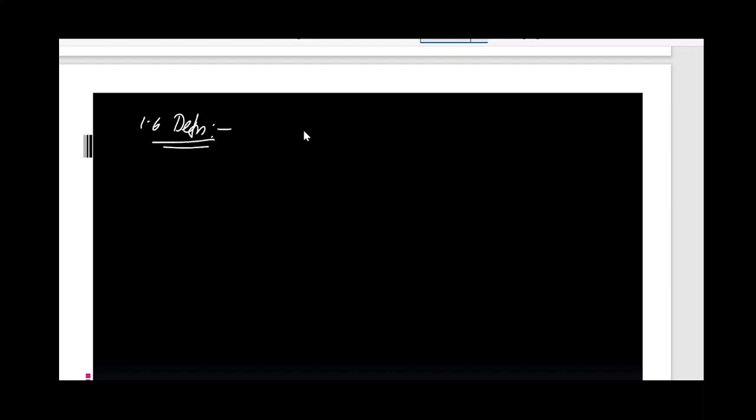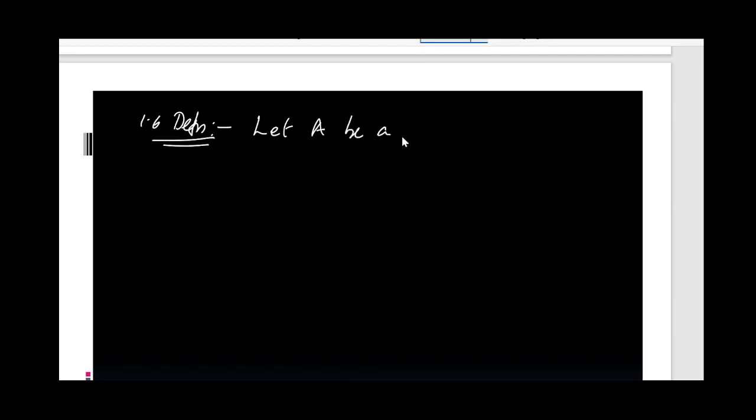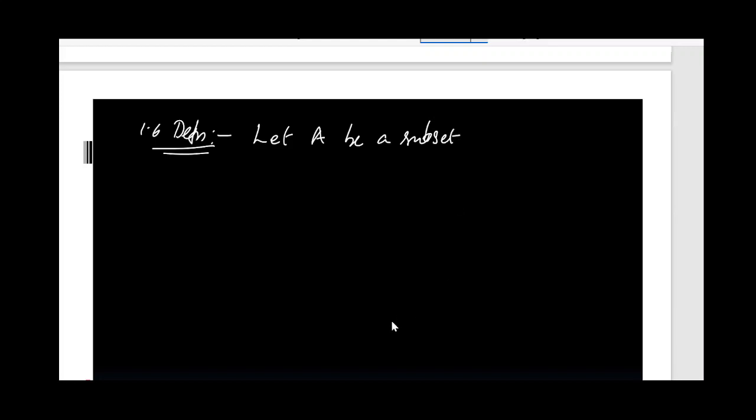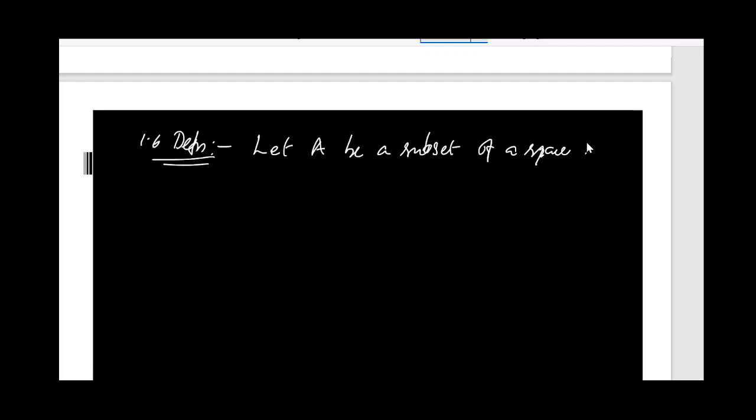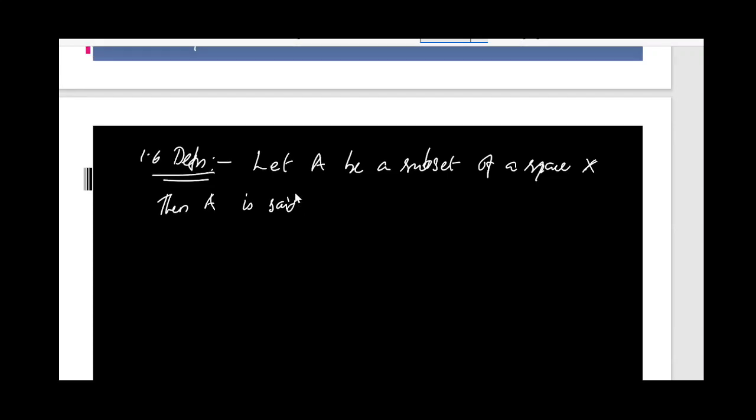Let A be a subset of a space X. Then A is said to be dense in X if A closure is equal to X. If A closure equal to X, we will say that A is dense in X.